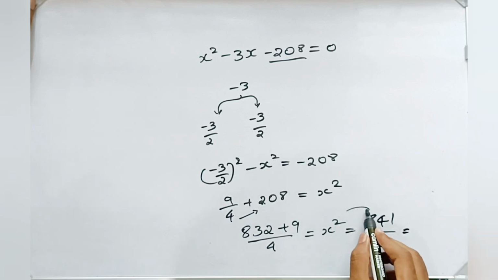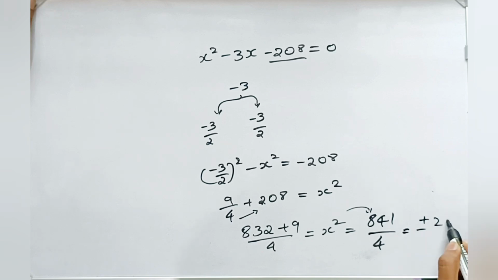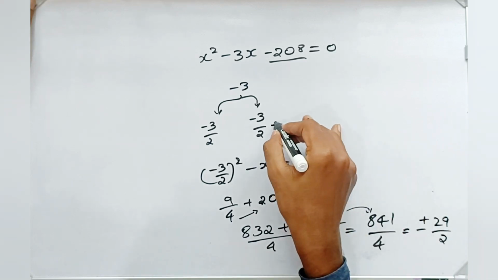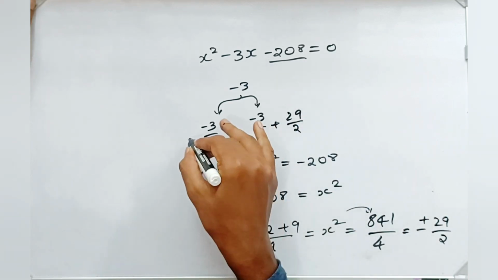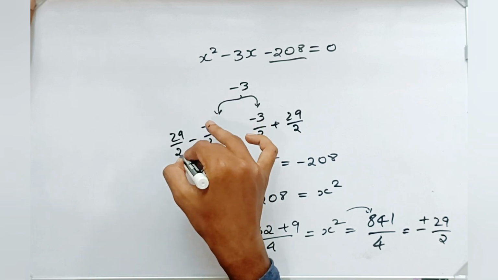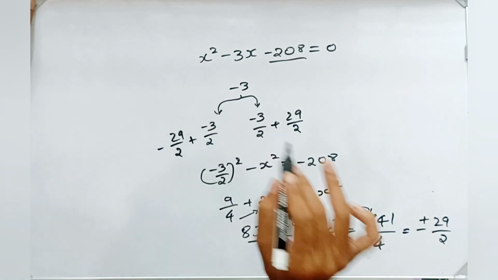And after doing the square root, we will get plus or minus 29 by 2. I'm taking plus 29 by 2 here and minus 29 by 2 here.